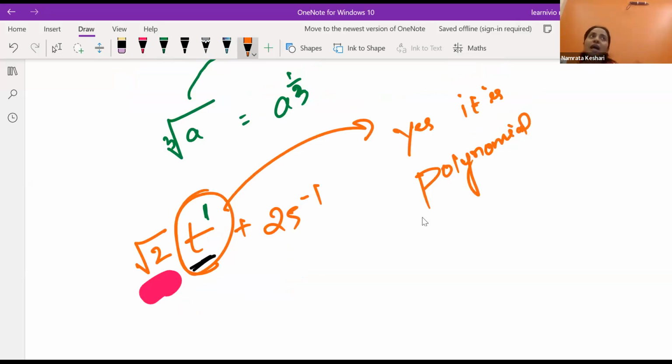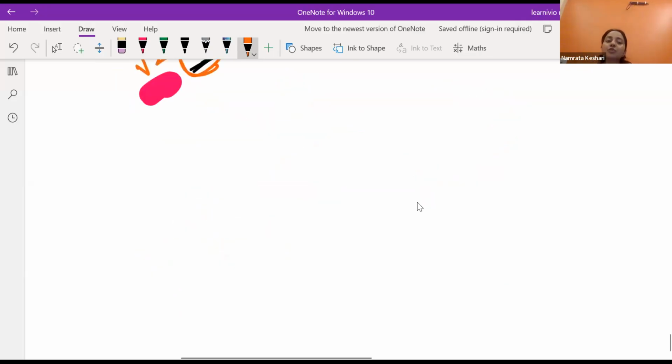Now I'm going to tell you the next rule. Before that, let me give you one example: if we have 2x plus 5, is it a polynomial? Yes, it is. Next I'm going to first explain the rule, and on the basis of the rule we will see the example.